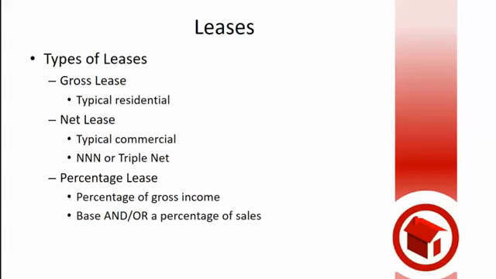There is a thing called a percentage lease. A percentage lease is where the landlord gets a percentage of the income generated by the tenant. The landlord participates in the tenant's business.